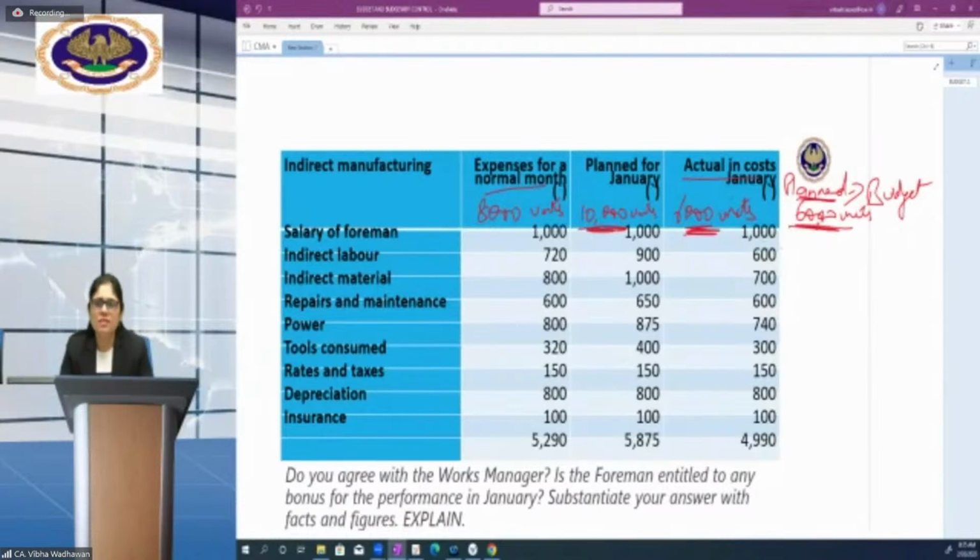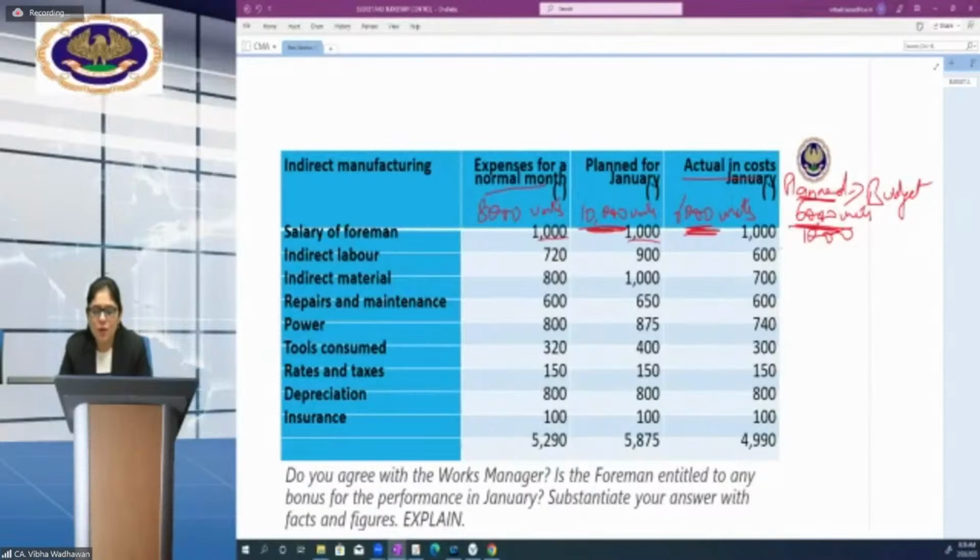Now, before we start, we should know how many are fixed and how many are variable or semi-variable, right? So if I can see, salary of foreman appears to be fixed, so it has to be fixed for 6,000 also. Clear? I hope you got the structure of the question. Students, half of the battle is won if you actually understand what is expected out of you.